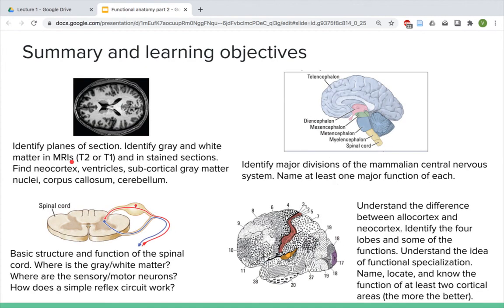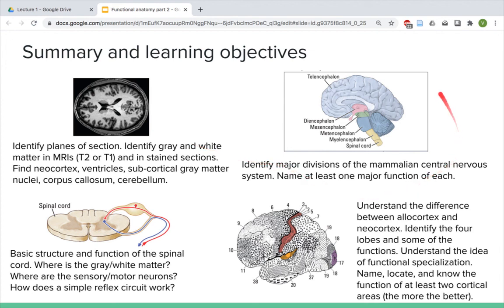Okay, so to sum up what we've talked about today and some of our learning objectives for today, we talked about the different planes of section and about how to identify gray and white matter in MRIs or in stained sections. And hopefully by now you should be able to find some of the major features: the neocortex, the ventricles, the corpus callosum, the cerebellum, and subcortical gray matter structures.